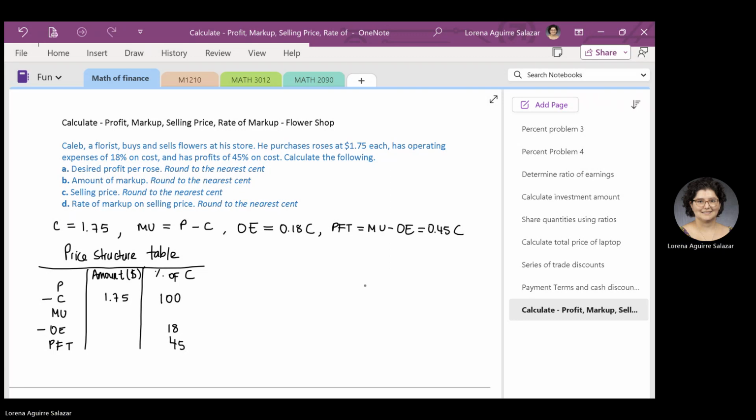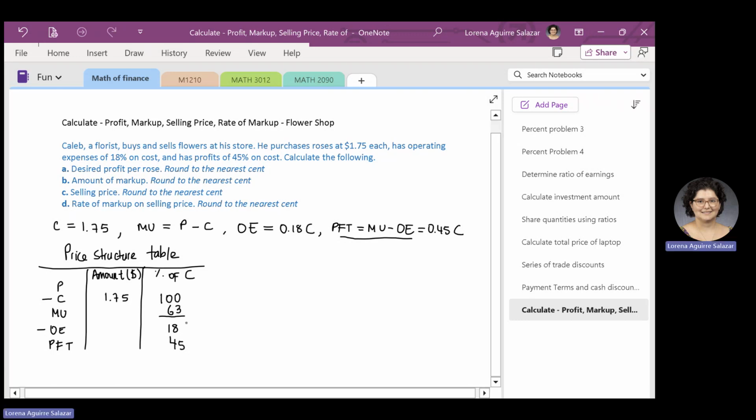So let's see. According to what we have right here, profit comes from subtracting MU and OE, markup and overhead expenses. So the amount of MU as a percent, minus 18 should be 45. So here we should write a 63.